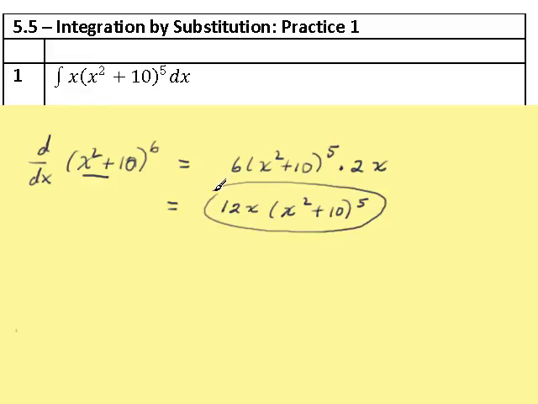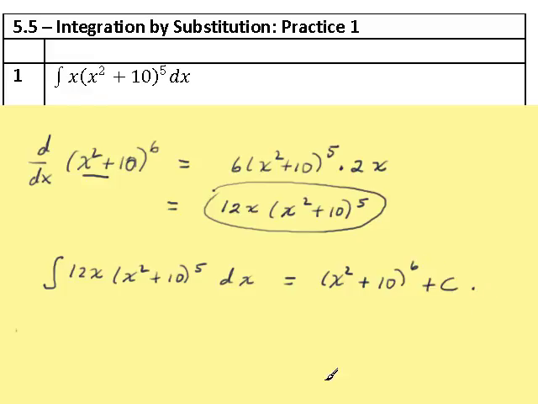So there's our derivative. From this we know that if we integrate, if we go the opposite way, we should get what we differentiated. So let's integrate 12x (x squared plus 10) to the 5th, and we get what we took the derivative of.